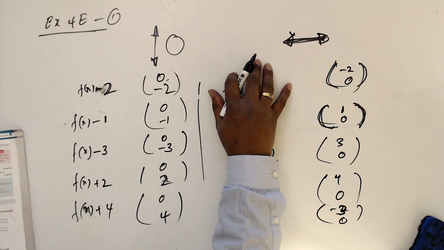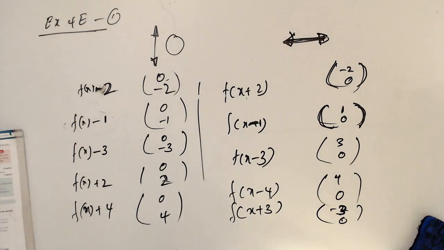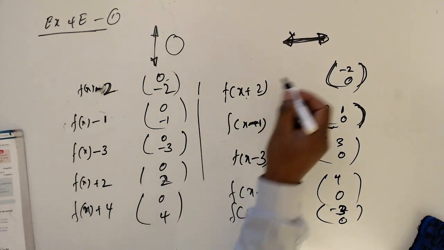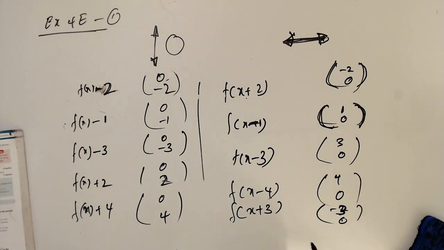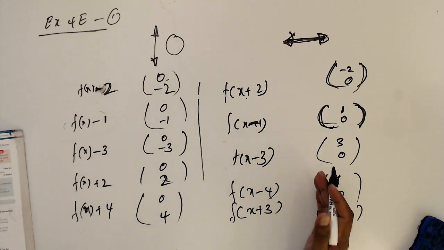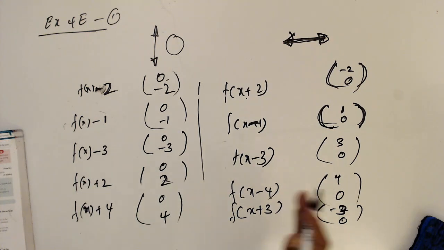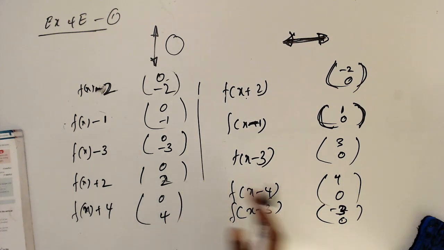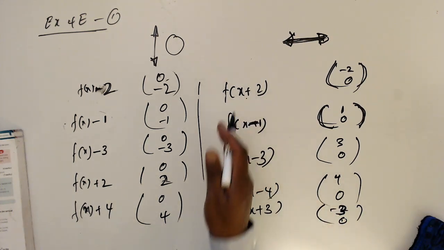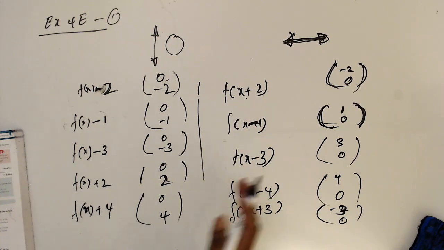Then the brain usually will assume it has to be minus 2. No, it has to be positive 2. That's the only thing you need to know. There is no problem with the vector notation, but when we perform it in this form, we have to be careful.